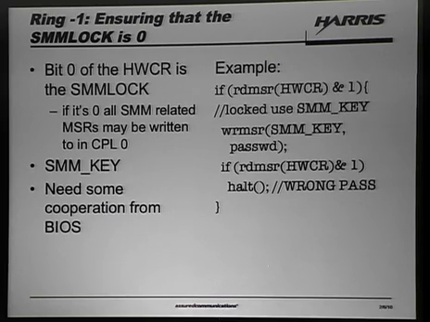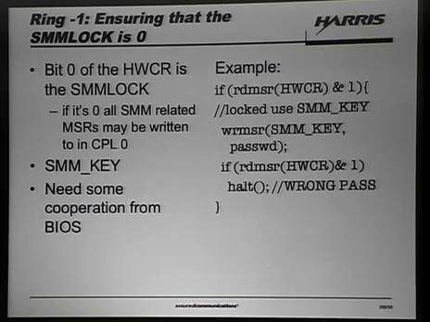So the first part is you need a mechanism for ensuring that SM lock is 0. If it's 0, all SMM related MSRs may be written to when you're in ring 0. That means you could reconfigure the handler on the fly, which creates some really weird configurations when you experiment around with it. And they actually provided you a mechanism, which is another model-specific register called SM key.